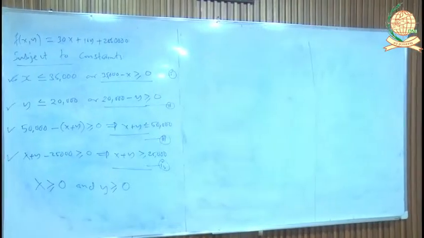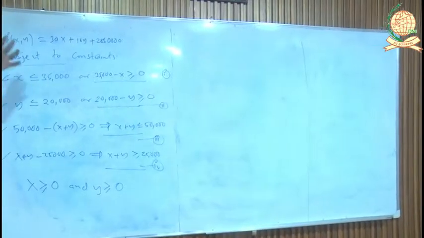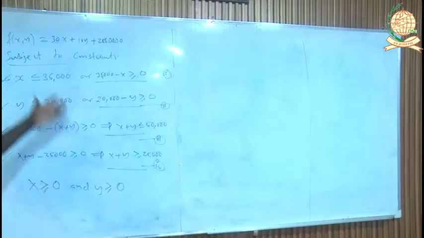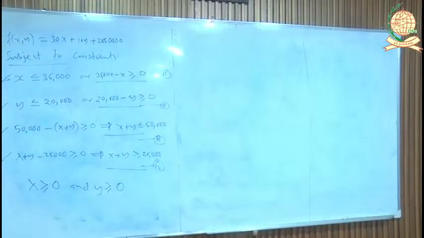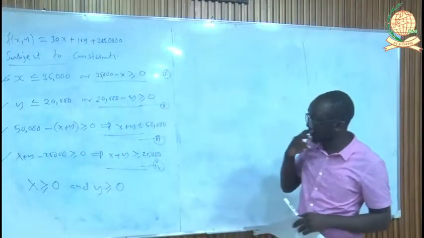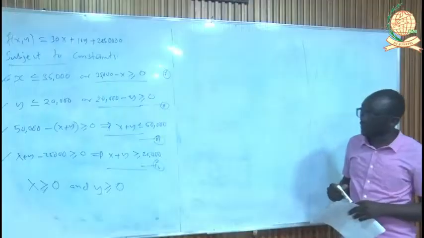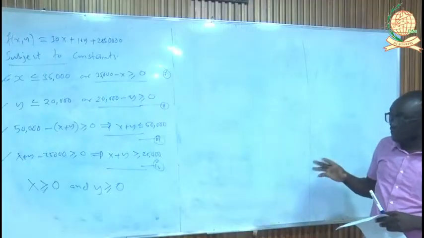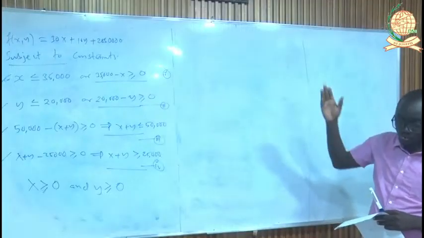You have to present this mathematically using a graph. You have to draw the graph of these mathematical equations to know the corner points. And the corner points are actually the variables that are going to suit your problem.